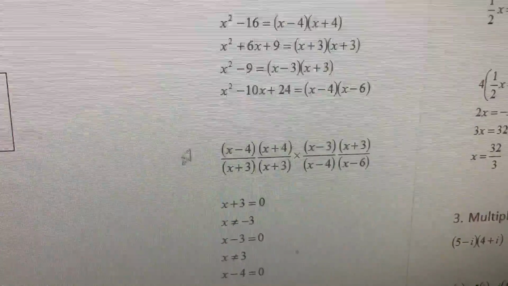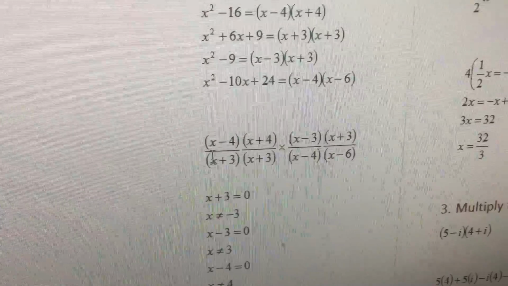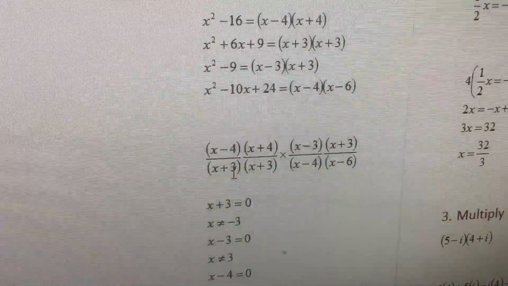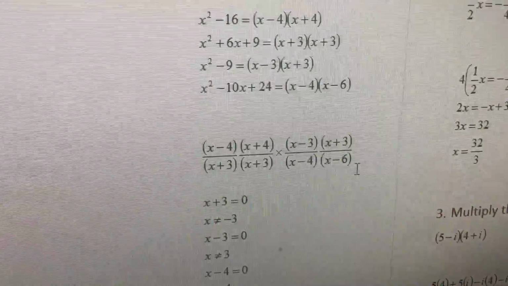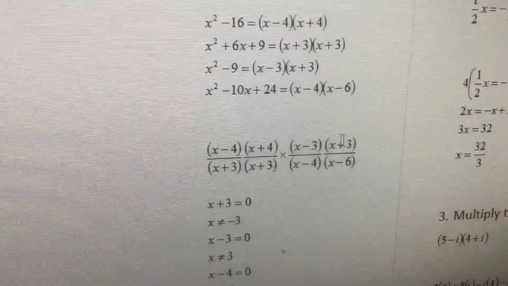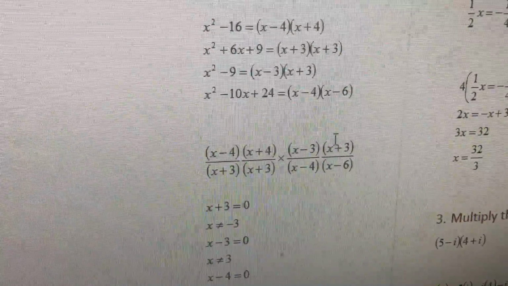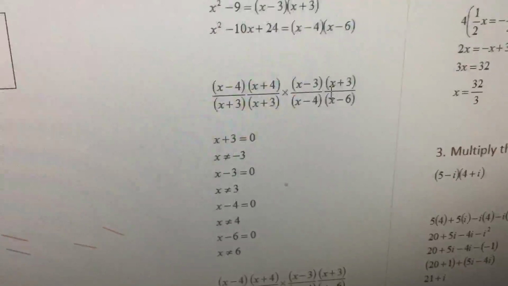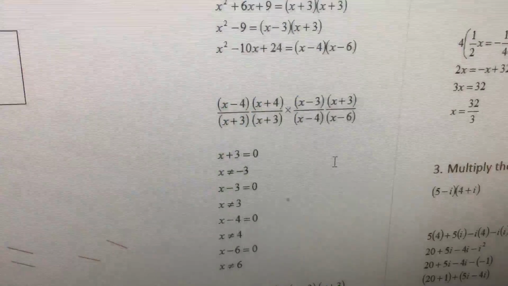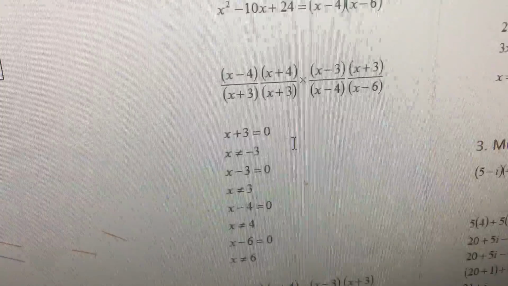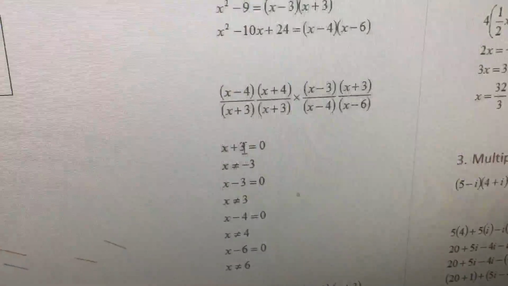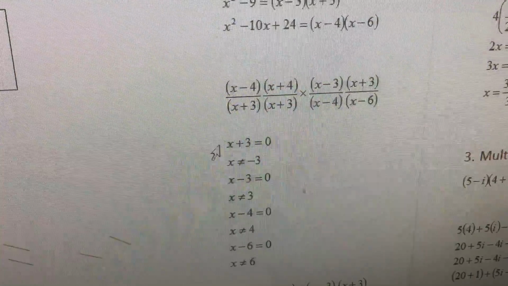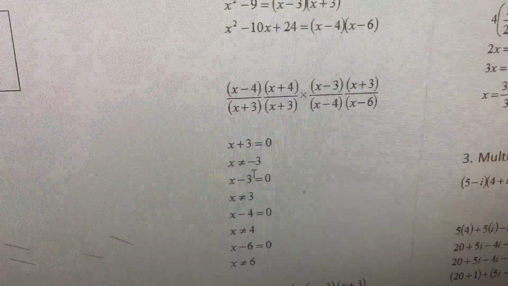So we're going to take each of the expressions on the bottom and the top right, and set them equal to 0. It's kind of like drawing a boot. So x plus 3 equals 0 gives x cannot equal negative 3.